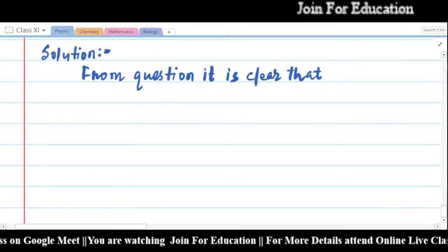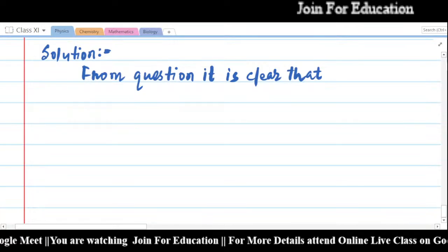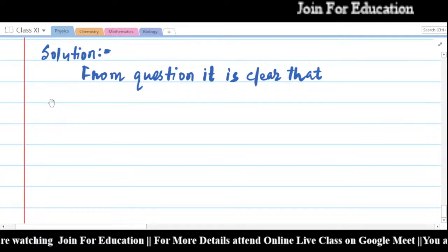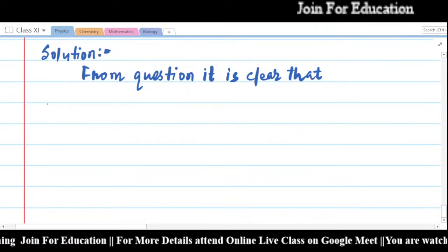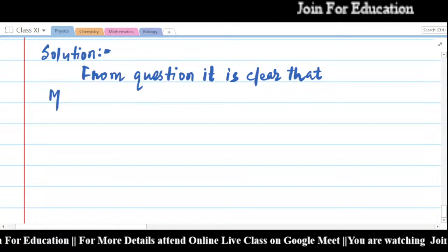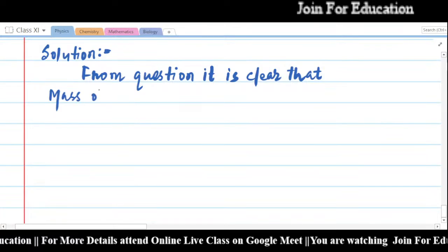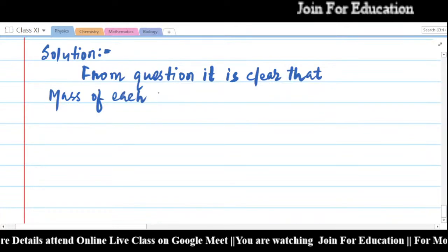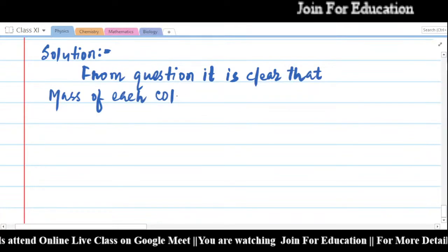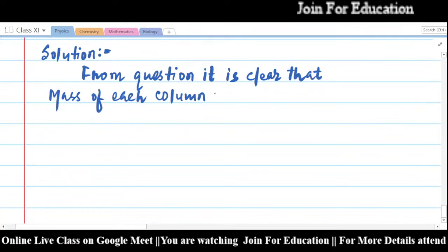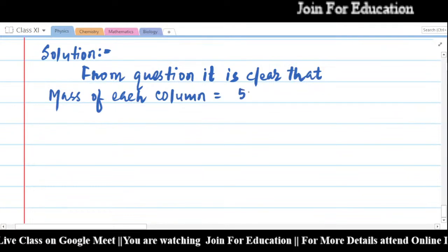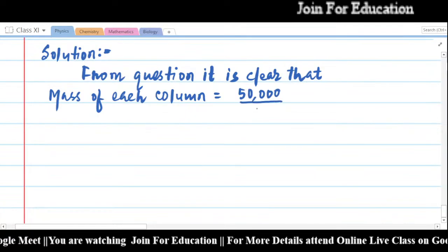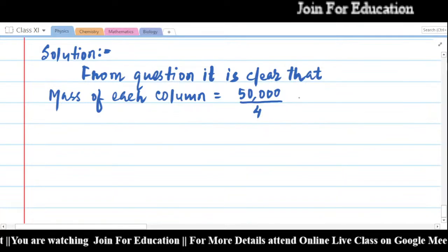So we find out the mass of each column. From the question it is clear that mass of each column is 50,000 by 4.